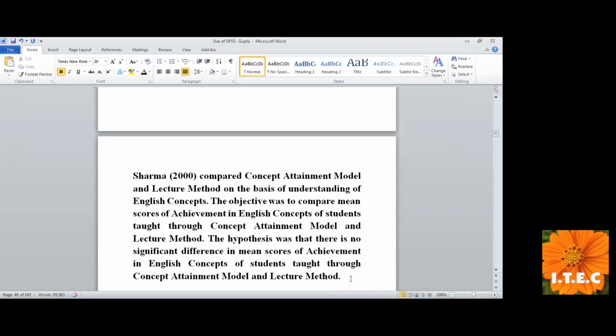So I have written here objective, I have written here hypothesis.